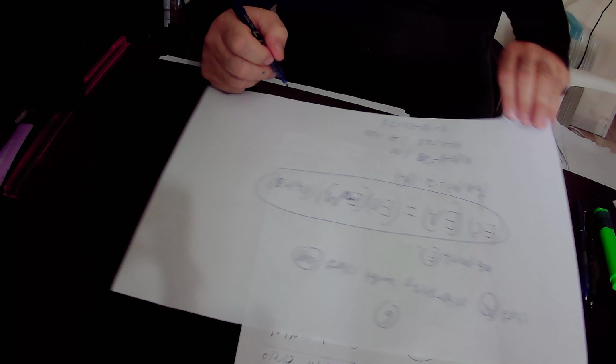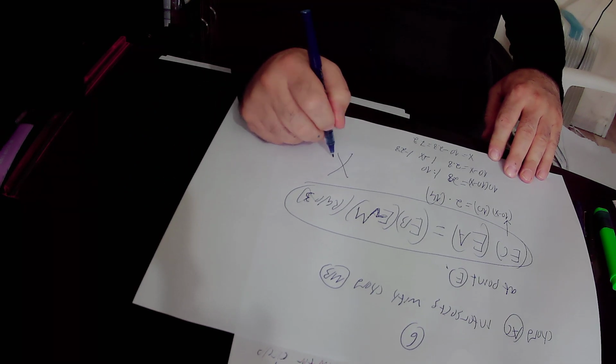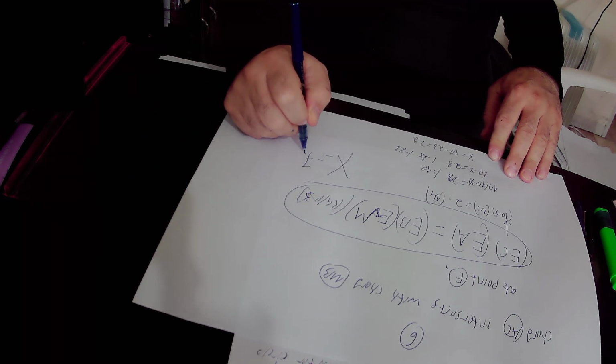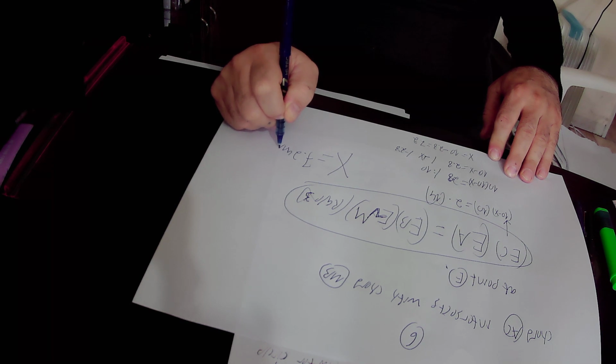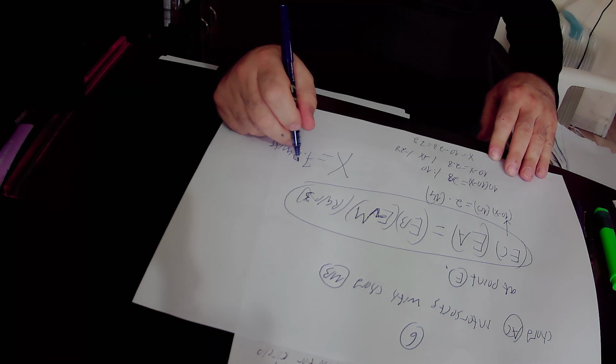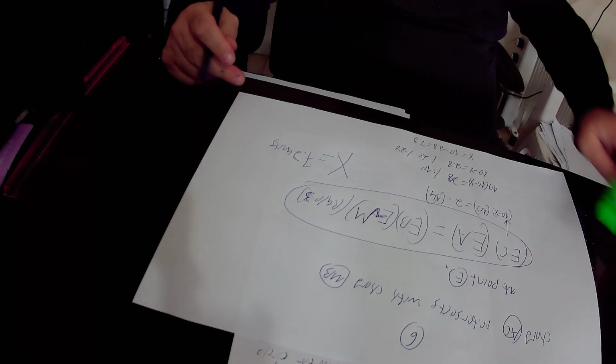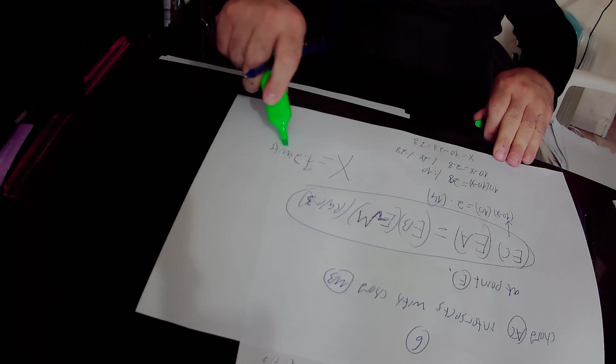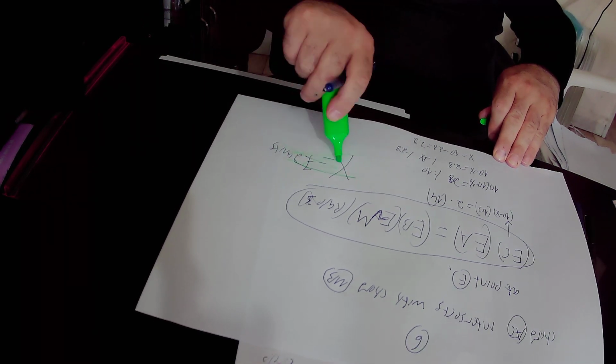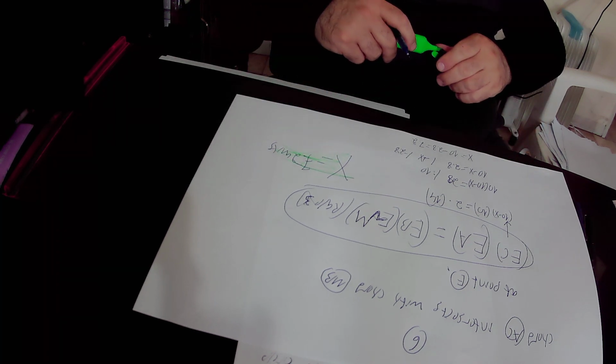So we found out that x equals 7.2 units. In both methods, we arrive at the same result, that the length of line segment x is equal to 7.2 units. Okay?